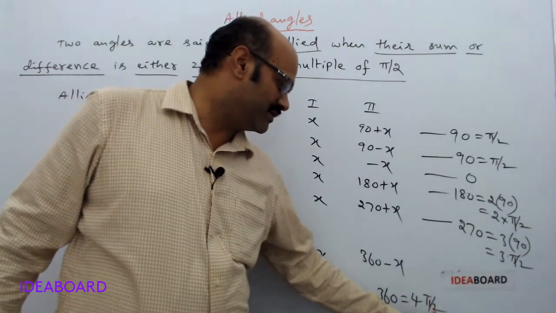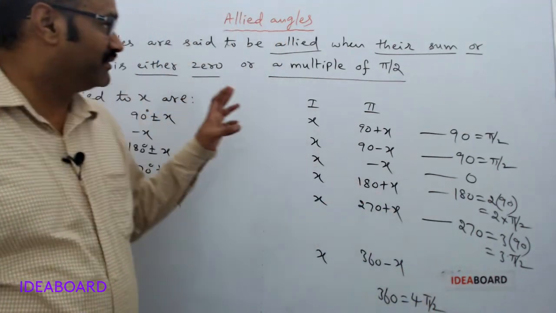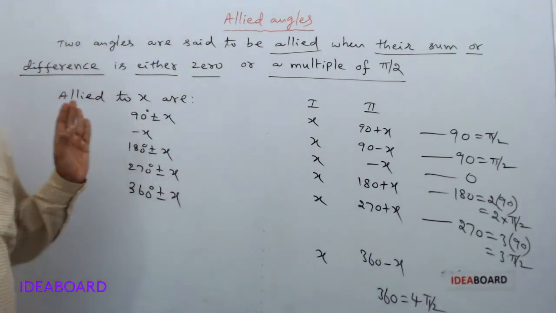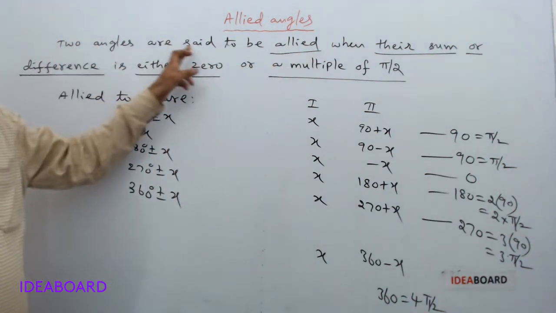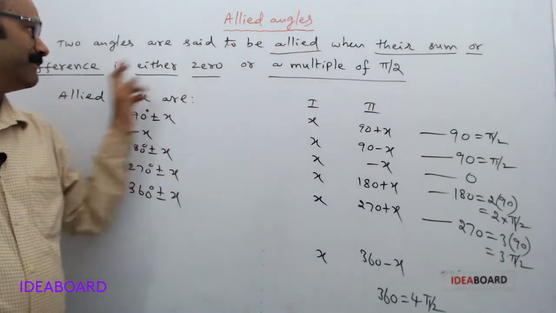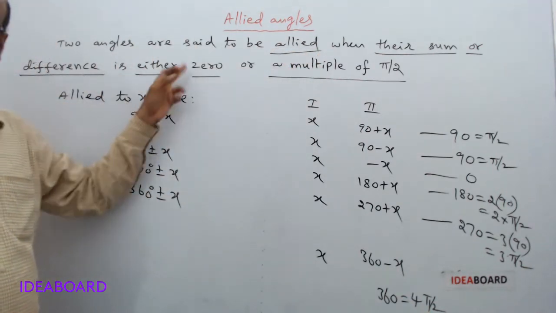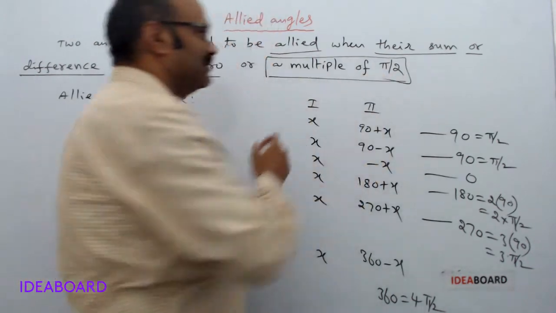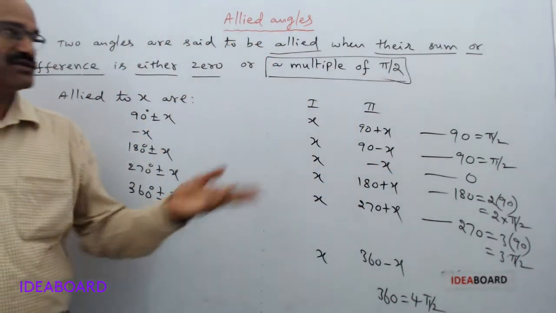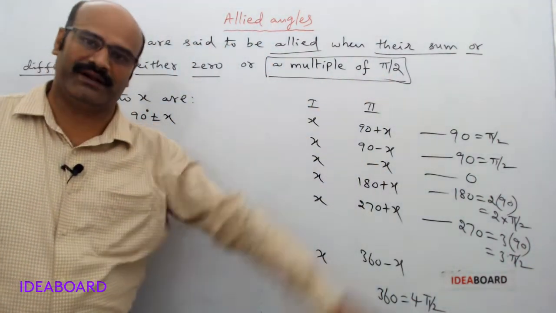Pi by 2 is nothing but 90. So the definition of allied angle is: two angles are said to be allied when their sum or difference is either 0 or a multiple of pi by 2.